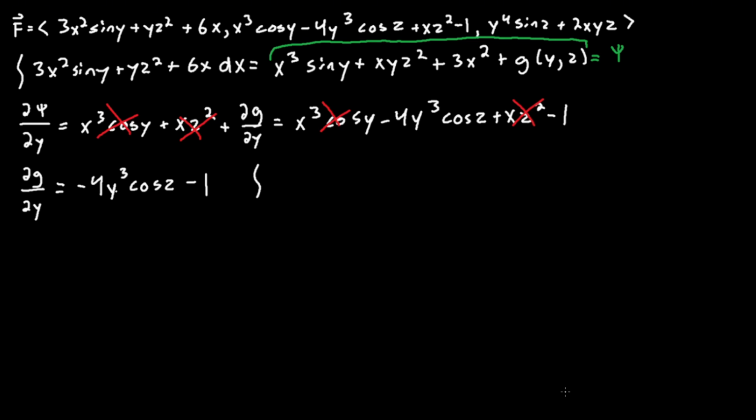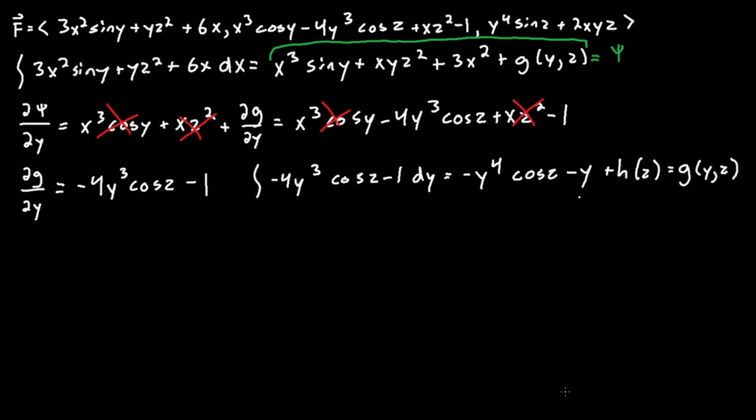So the integral of negative 4y cubed cosine of z minus 1 dy is equal to negative y to the power 4 cosine z minus y. And this is equal to our function g. Sorry, I have to add that we have to take into account the z partial as well. So this is equal to our g of y and z.